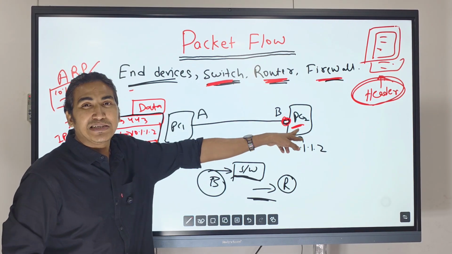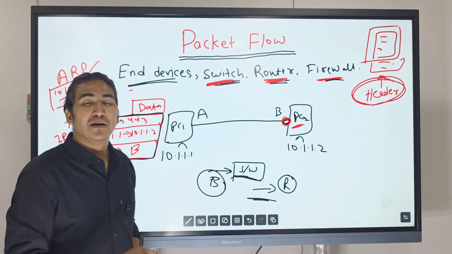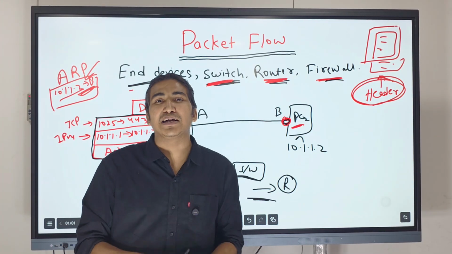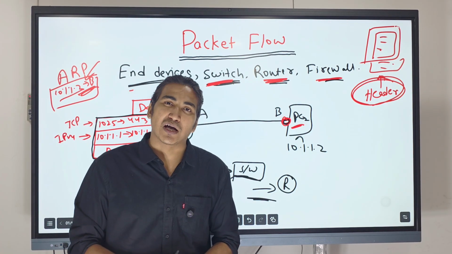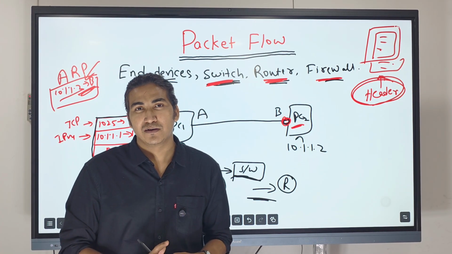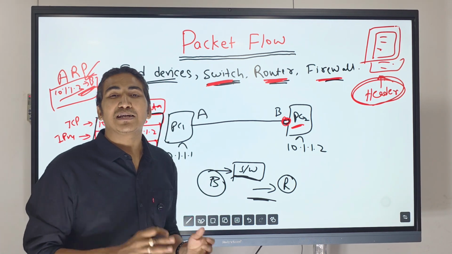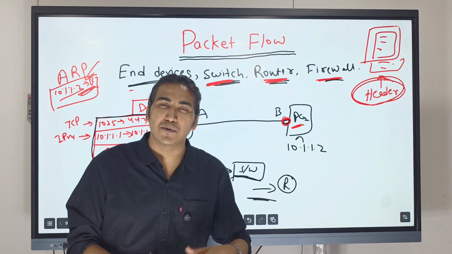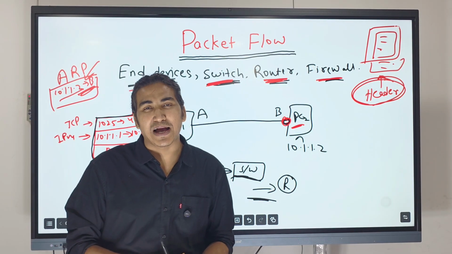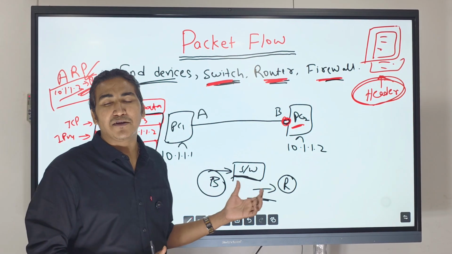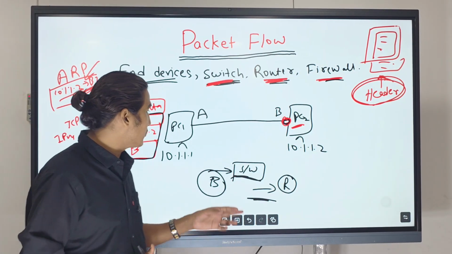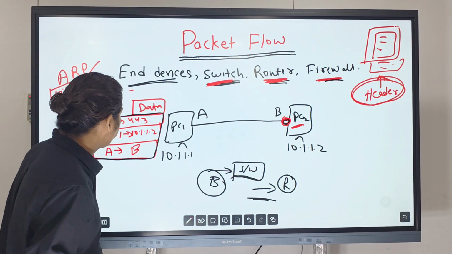But for end devices, the destination IP or destination MAC should be the receiving device's address or broadcast, then only it will accept. But a router or switch can accept all traffic, no matter the destination IP or destination MAC address. After that, it will verify that with its table, and then it will take a forwarding decision. I'm going to show you that, don't worry.